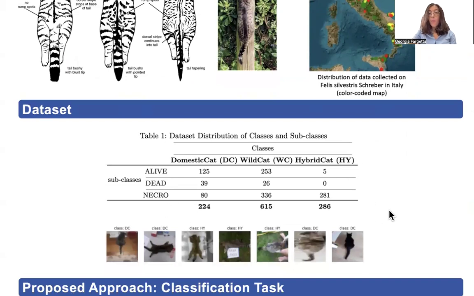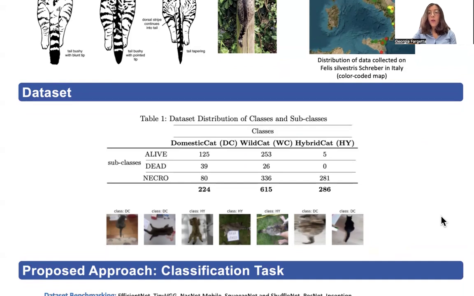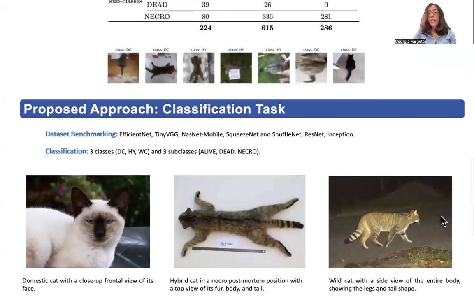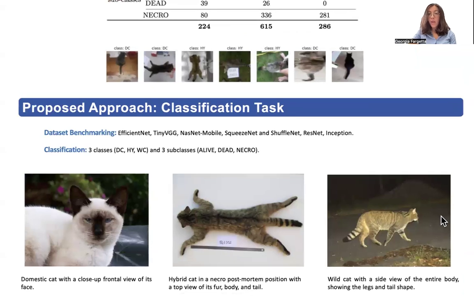The main problem of the dataset is that we have a lot of photos that are blurred, like in this example. And our approach is to classify the three different classes. But how can we classify?